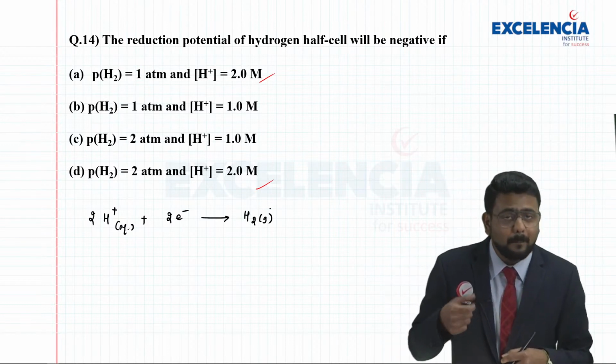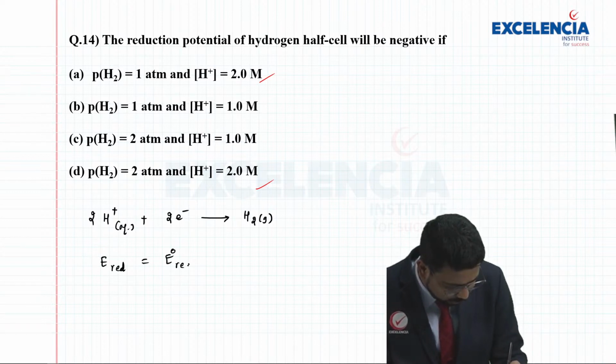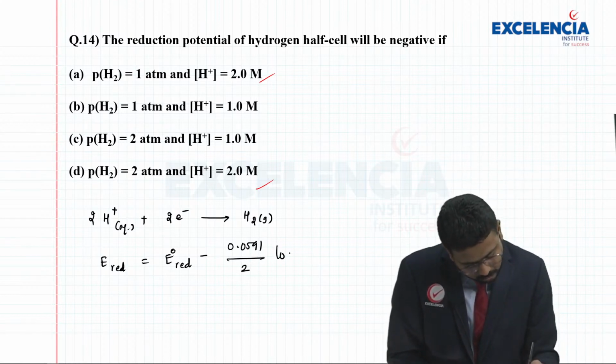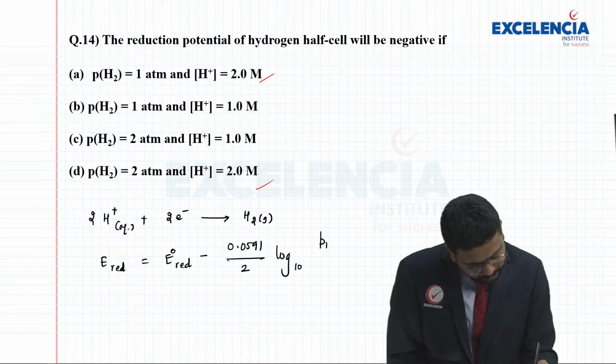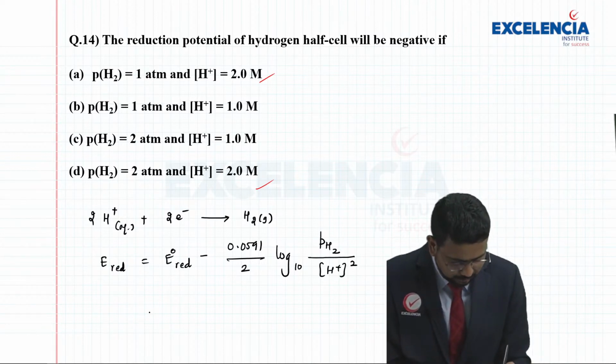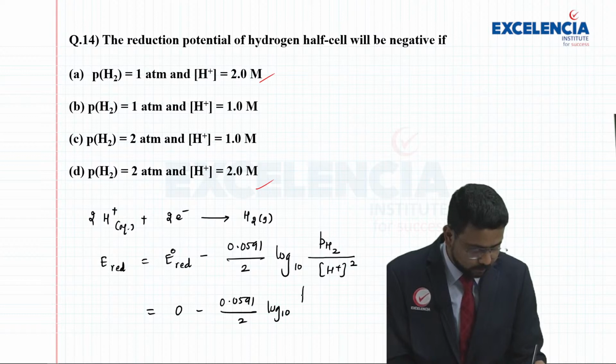Now if I apply the Nernst equation here, you will have E reduction equal to E naught reduction minus 0.0591 over n, that is 2 here, log to the base 10 of partial pressure of H2 over concentration of H+ ions squared. Now we know that E naught reduction here is definitely 0, right? So 0 minus 0.0591 over 2 log to the base 10 of P of H2 over H+ ions squared.